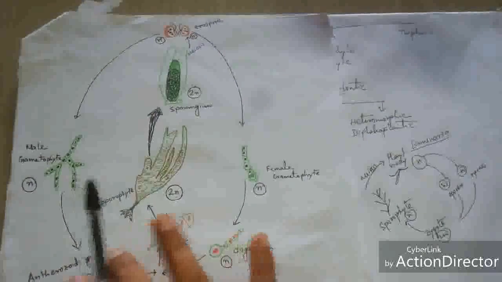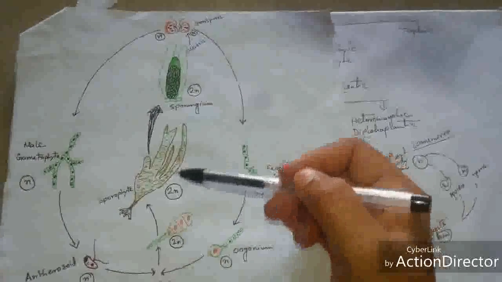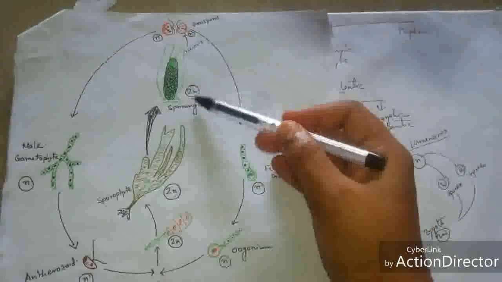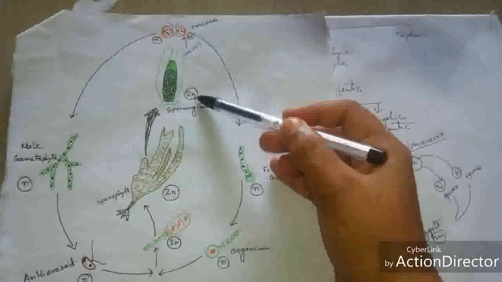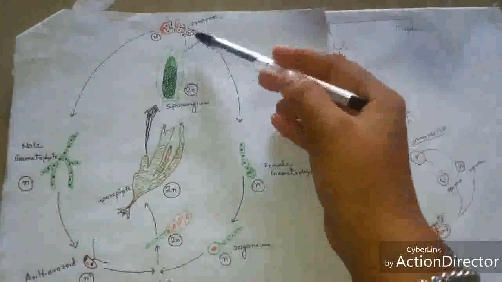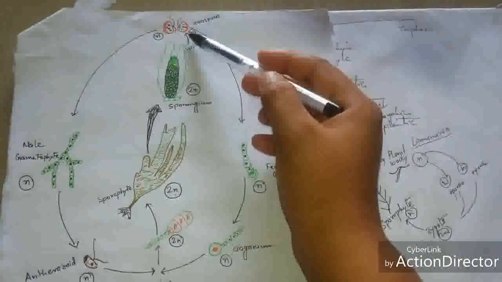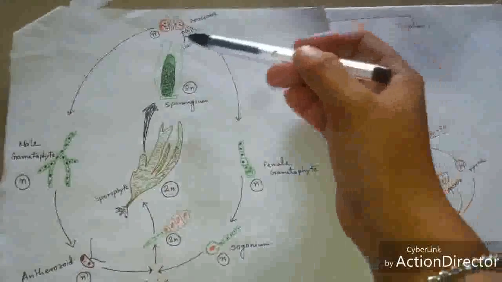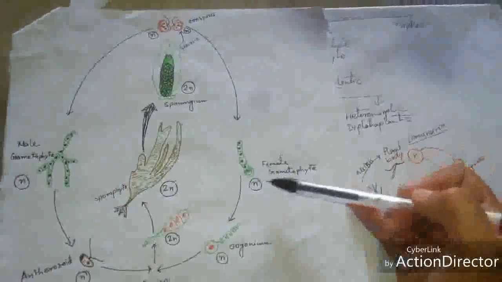They are morphologically dissimilar. This sporophyte produces sporangia which is 2n type, and this 2n type by meiosis produces zoospores. These zoospores then produce another male gametophyte plant or female gametophyte plant.